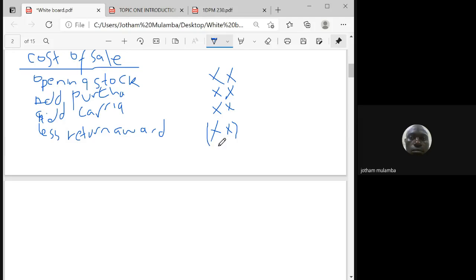So once we subtract return outward, the value we get here we refer to as the cost of goods available for sale.